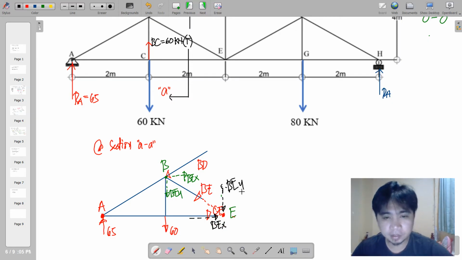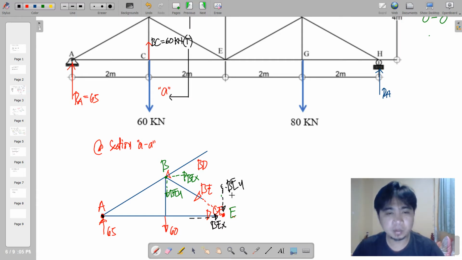Notice that if this is the case, taking moments at A, BEX will again be intersecting your point of moment at A. So it will only involve a single force here, BEY.